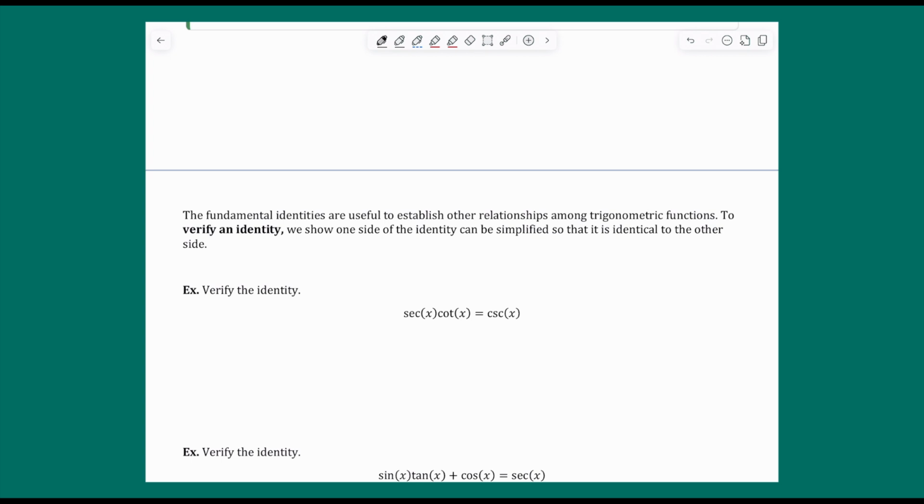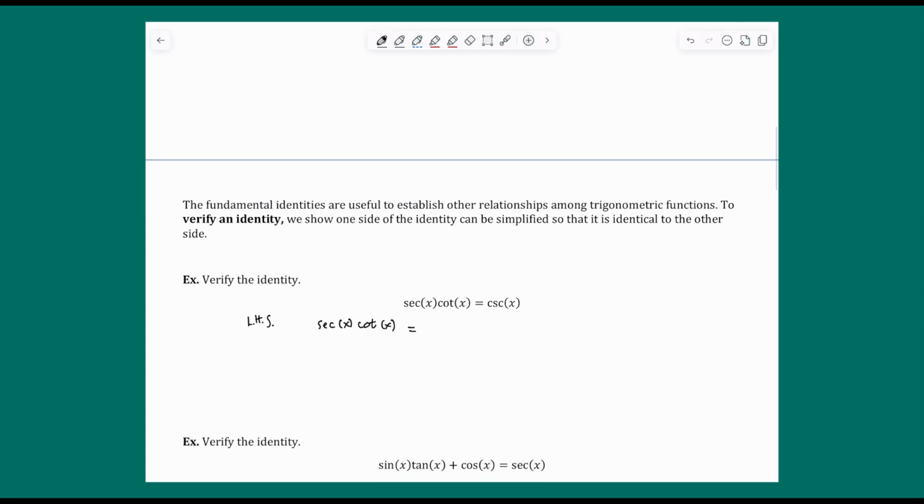I tend to work with the left-hand side, or whatever side looks a little more complicated. It doesn't always work, but it can. Sometimes these things are just trial and error, but I'm going to take the left-hand side, secant of x times cotangent of x. Then we rewrite secant of x and cotangent of x in terms of sines and cosines using the respective reciprocal or quotient identity.